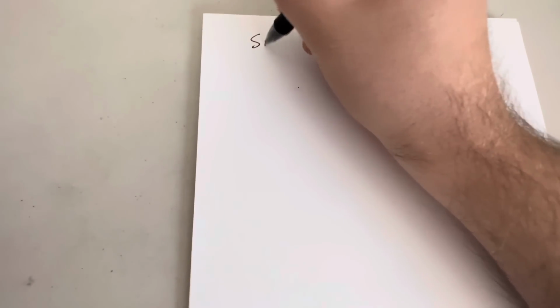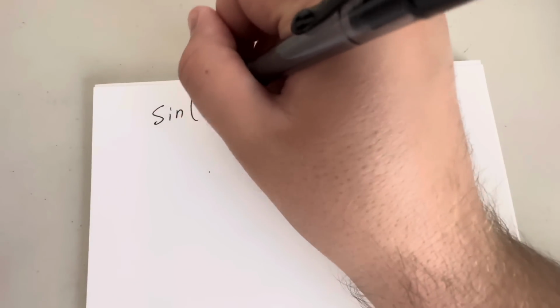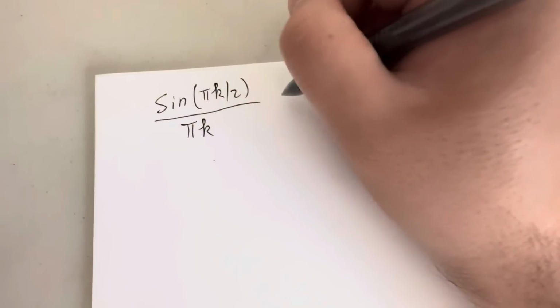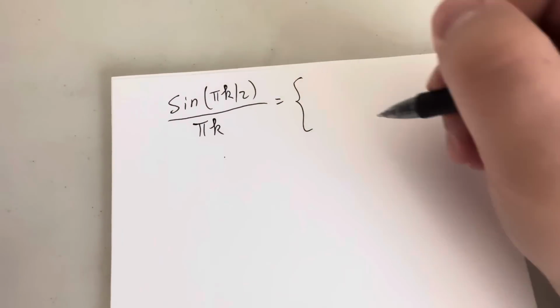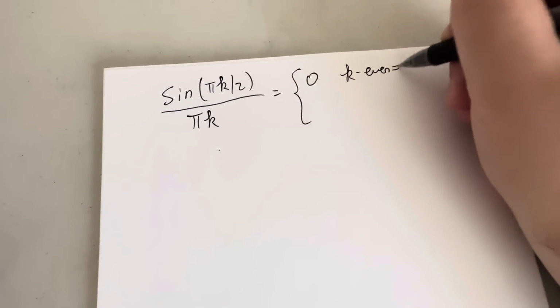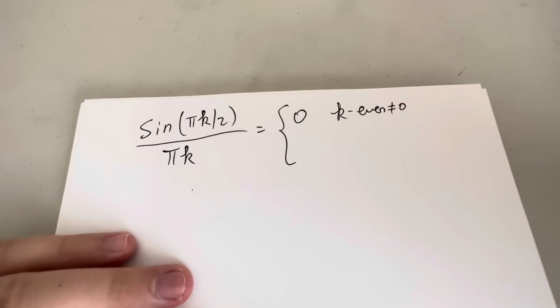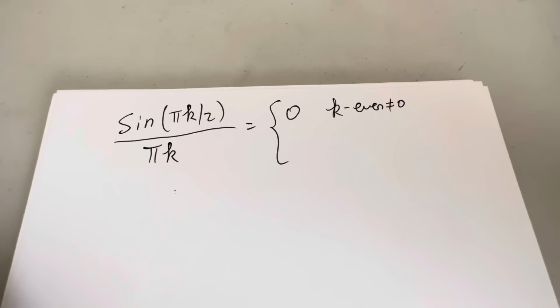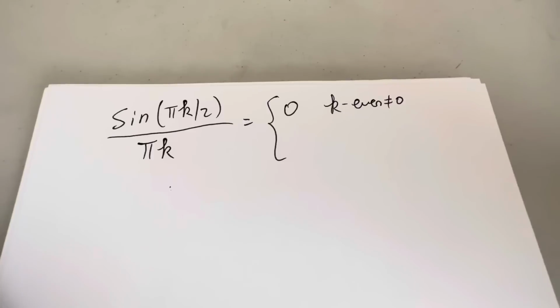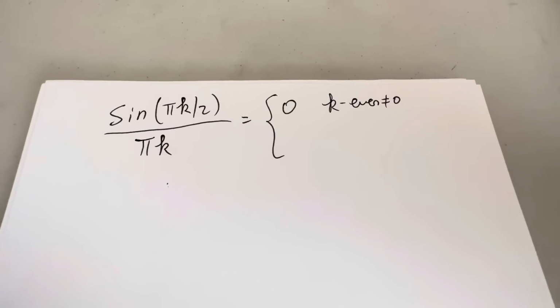If we have sine of pi k over 2 divided by pi k, this is equal to 0 if k is even and not equal to 0. We've already taken care of the situation where k is equal to 0, so we're just looking at non-zero integers k. So we get 0 there.